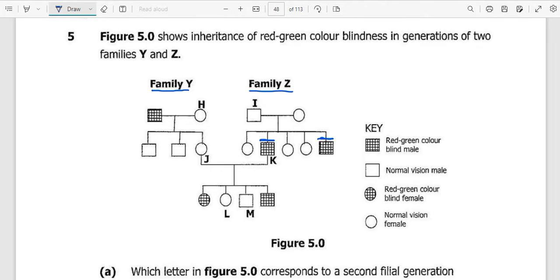The females were okay, and the parents were okay, were fine, and then they produced children who were color blind.